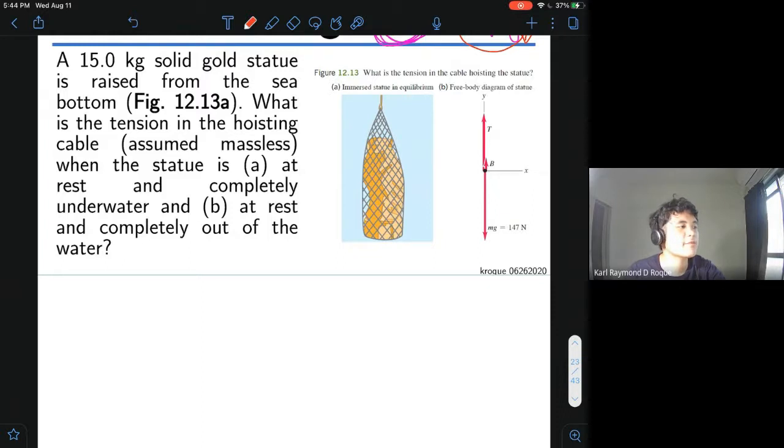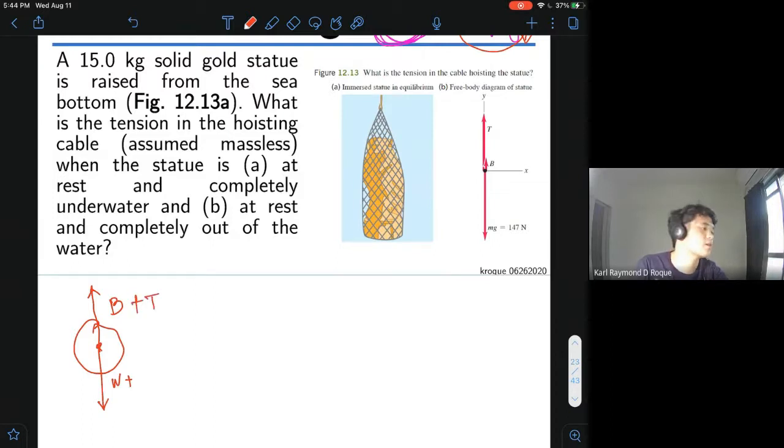Sige. Letter A. Ano yung mga force na nag-act? Statue, buoyant force, weight, plus tension. Yan yung nag-act. Ngayon, alam niyo na dapat to.